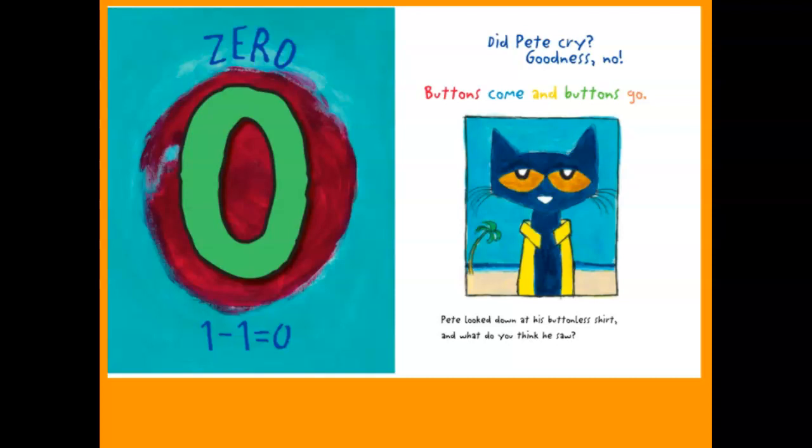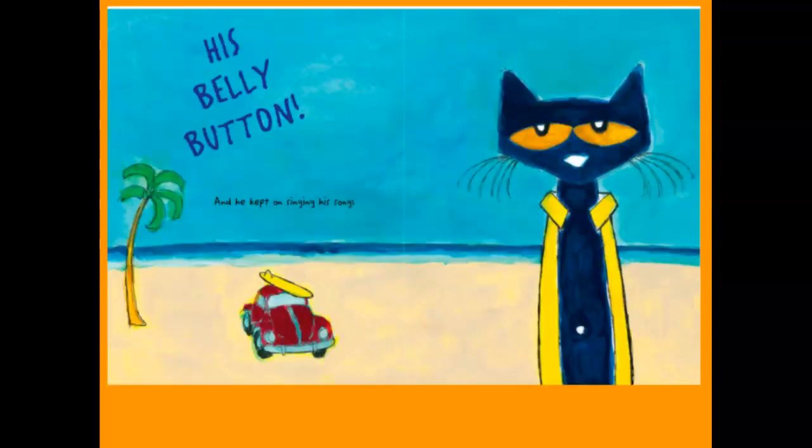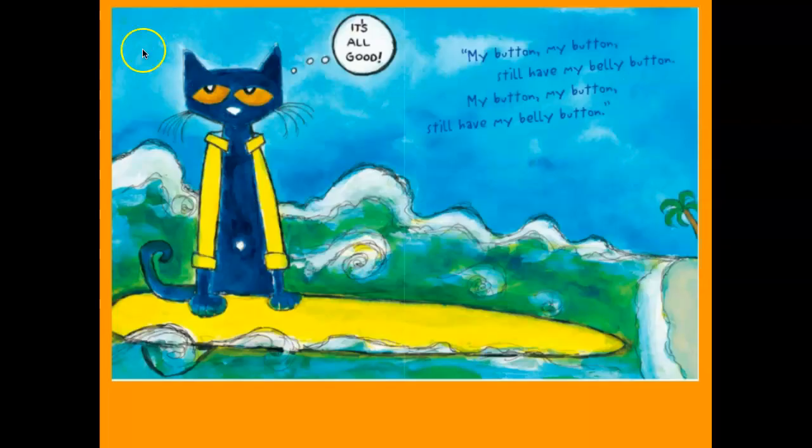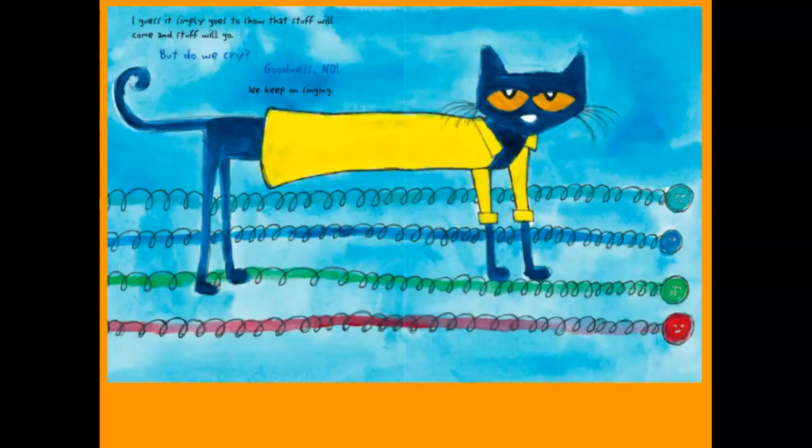Pete looked down at his buttonless shirt, and what do you think he saw? His belly button, and he kept on singing his song. It's all good. My buttons still have my belly button.